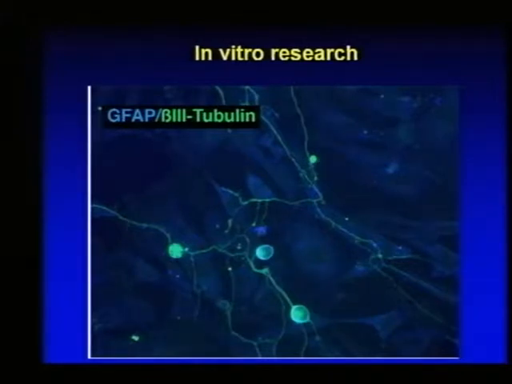We started off with in vitro research, which is research in a laboratory using glass cover slips and our best representation of the nervous system in this in vitro model. Here you can see, for example, neurons with these nerve fibers, the axons, and these are the glial cells in the background.